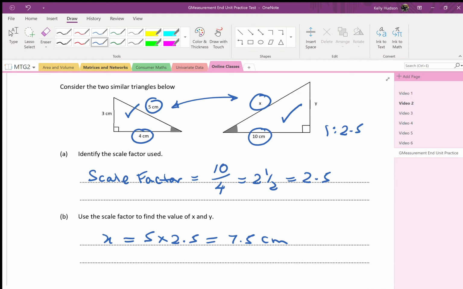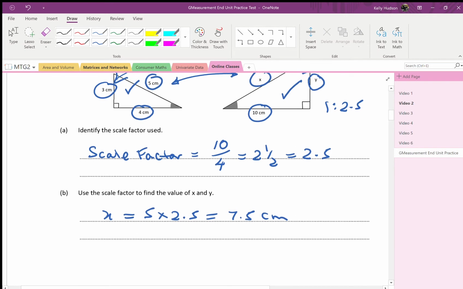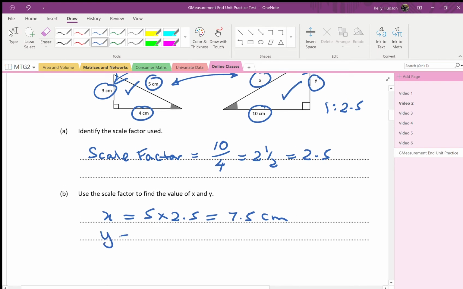Going to the y, the 3 centimetres and the y align, so those are the two sides. In this case here, we're also going from the scale to the real, so we're going to multiply. So the y is equal to the scale, which is 3. We multiply it by 2.5, and that works out to be 7.5 centimetres.